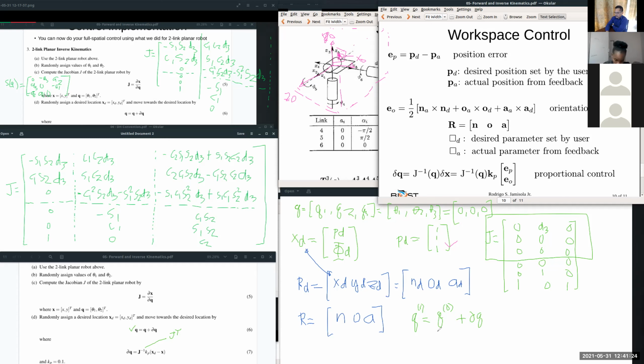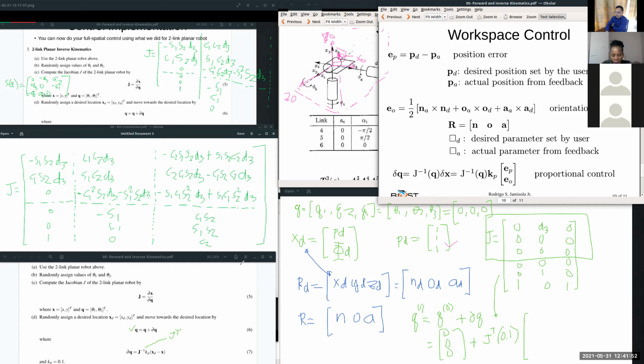So here, of course, we know that this is 0, 0, 0, plus your J transpose, which is the transpose of this, multiplied by KP. Our KP is set to 0.1. And then your error, the error in terms of the position.